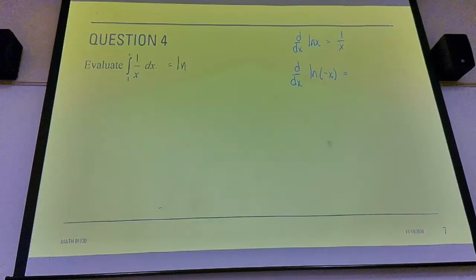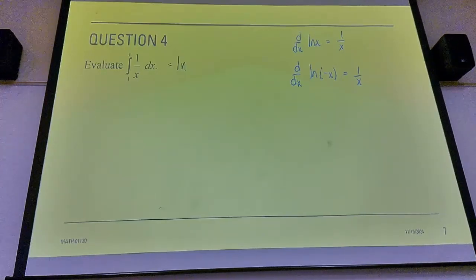Yes, it is. Oh, we can't have a negative in there. Then x is less than 0. Okay. What is it? It's just 1 over x again. You forgot chain rule. Derivative of negative x is negative 1. Okay.